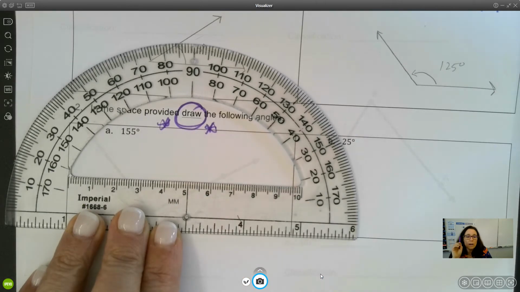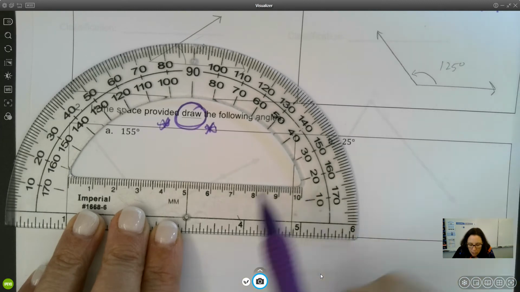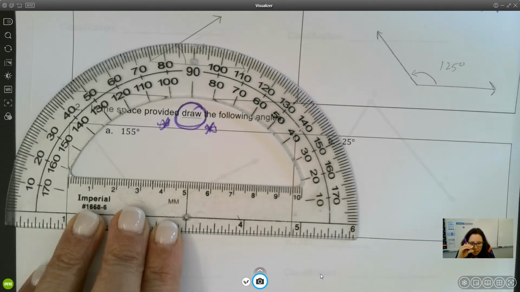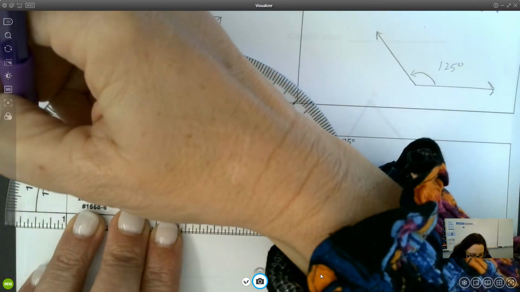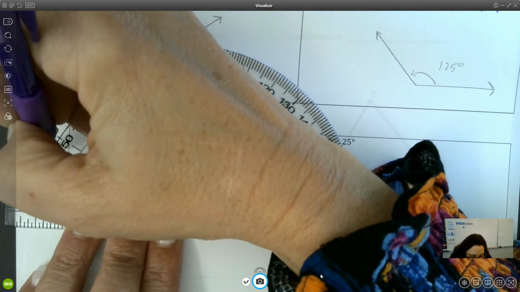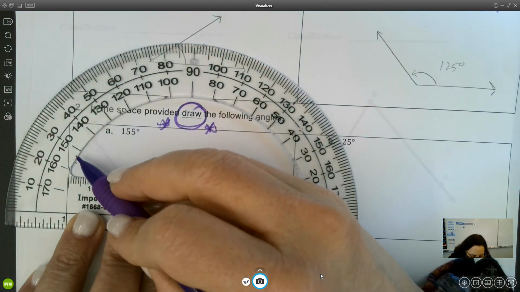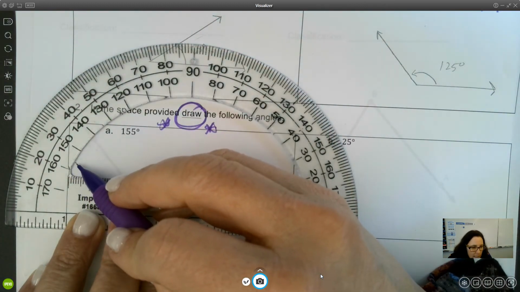Now you have to use your knowledge about acute and obtuse. If I mark this 155, wouldn't this angle be really skinny? That's not 155 degrees. 155 is very large. It's out here, and quite frankly, it's off my paper. So I'm going to have to come in here and mark in between 150 and 160, about halfway in.